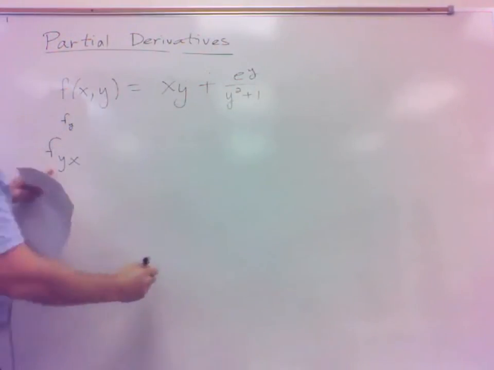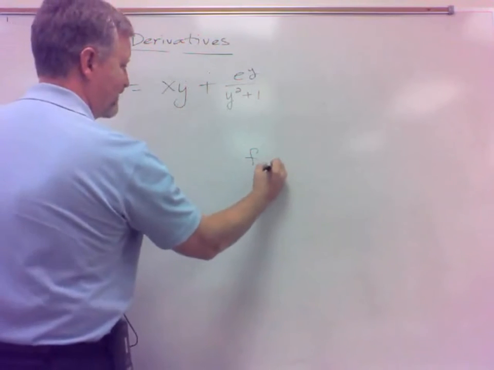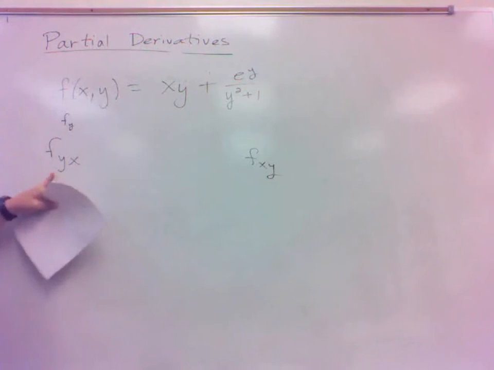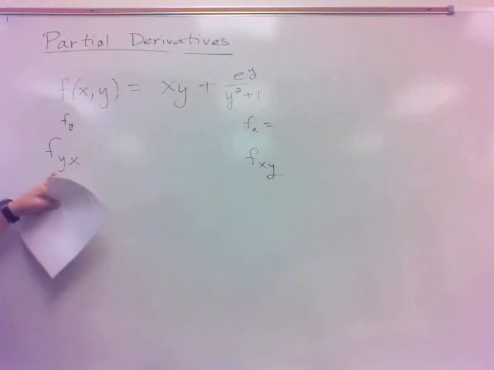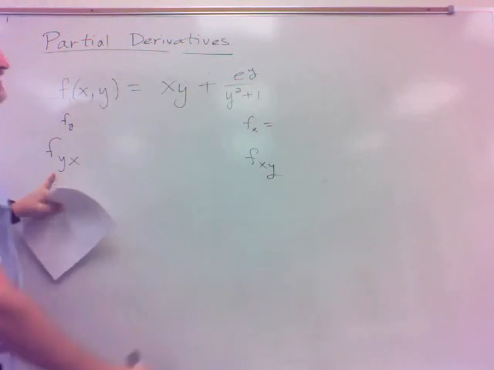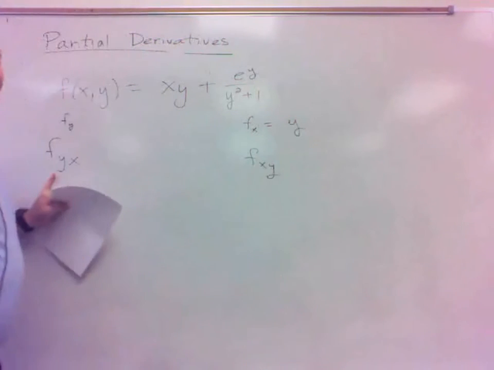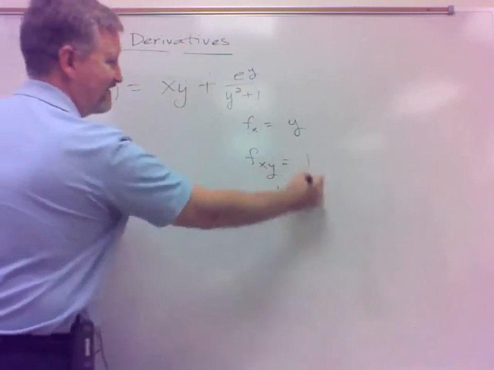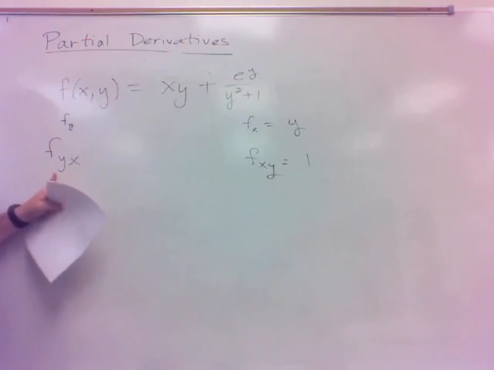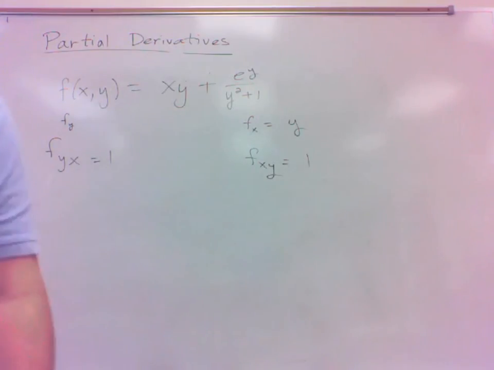However, since I know this is very much related to that, let's think about that. What is the partial with respect to x? That's just y. And then the partial with respect to y of that would just be 1. So isn't that 1 too? So anyway, some interesting little sidebars there.